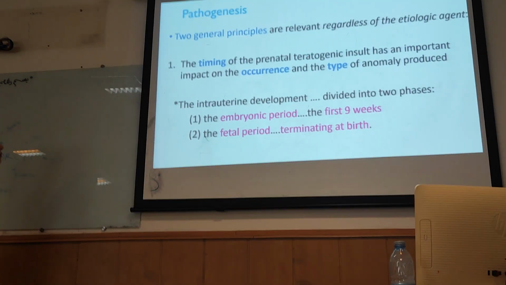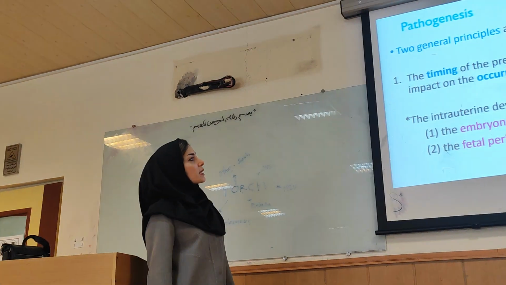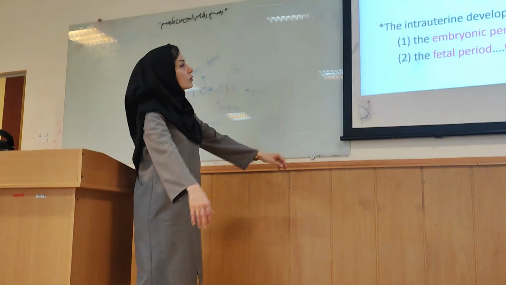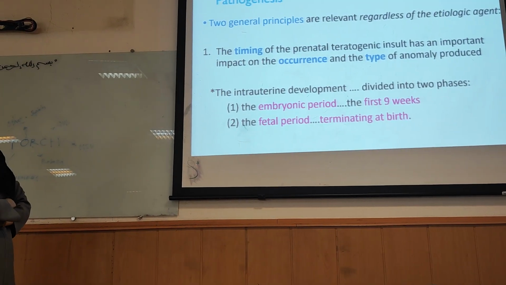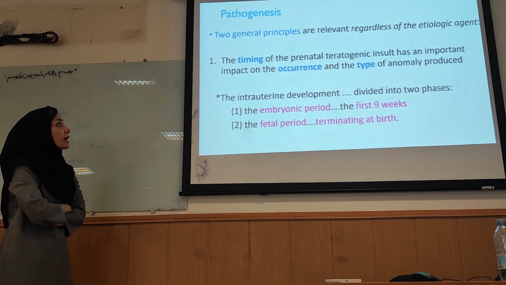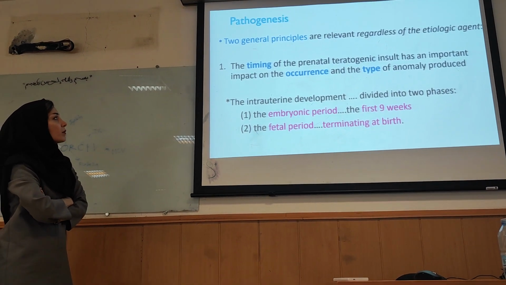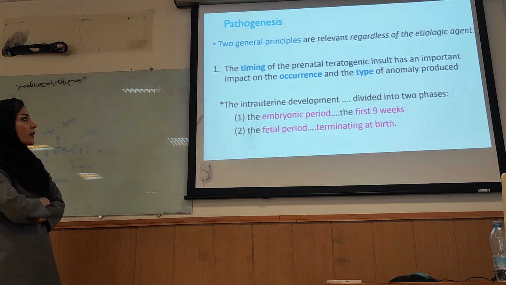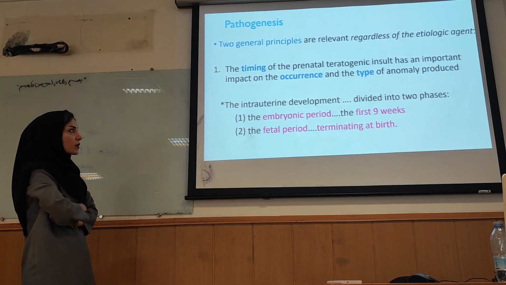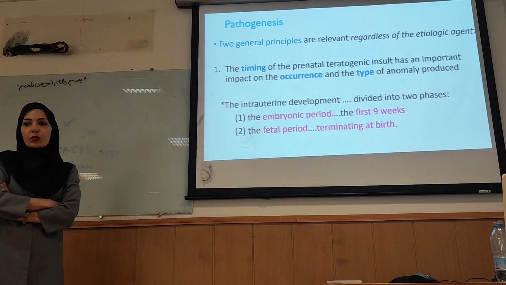Pathogenesis of the pediatric disease: there are two general principles that, regardless of etiologic agents, may be causes. For example, the timing of presence of the prenatal teratogenic insult is really important.